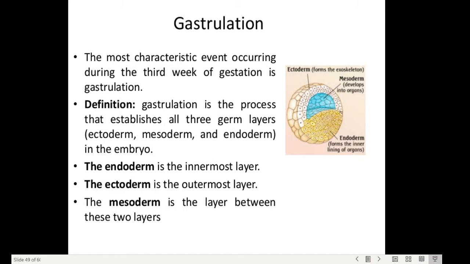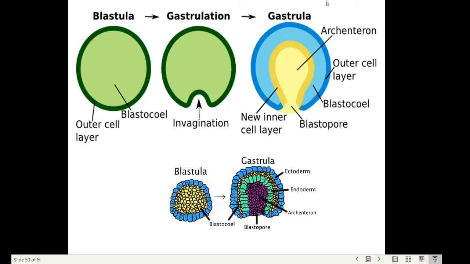Mesoderm forms the organs. Endoderm forms the inner lining of specific organs. These are the important things.